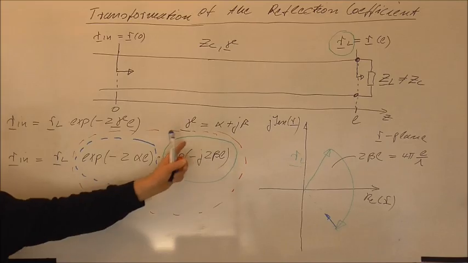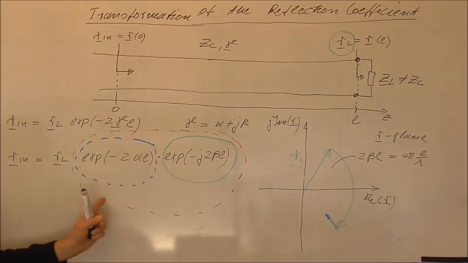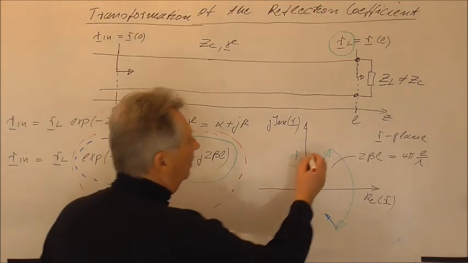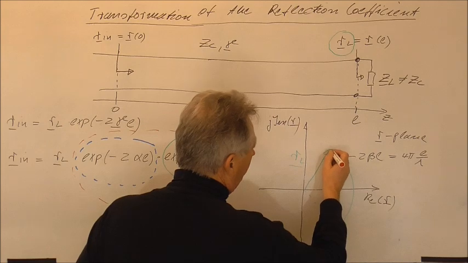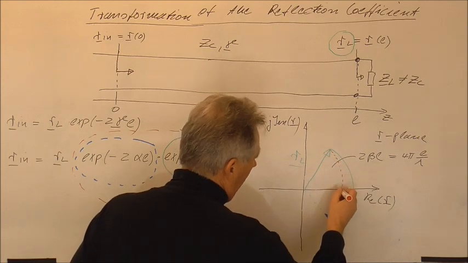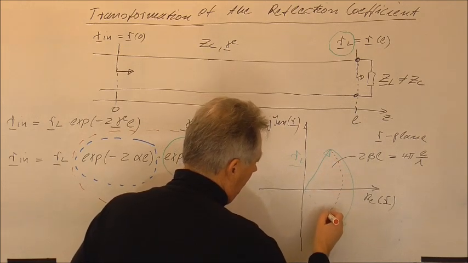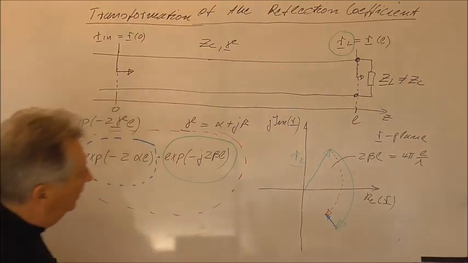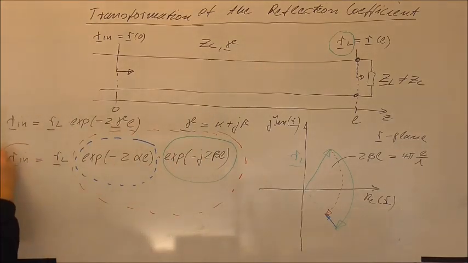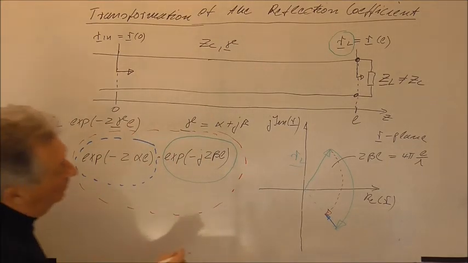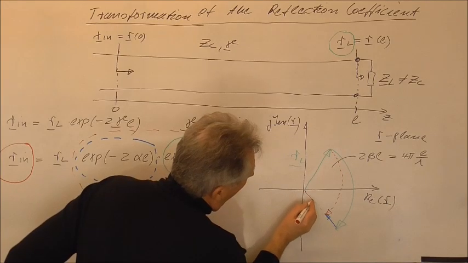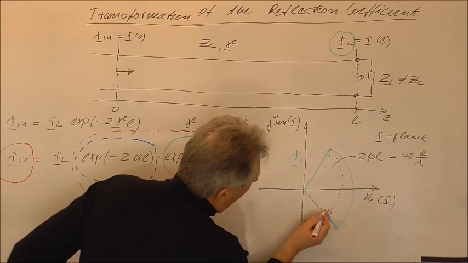This will change the angle and this will change the length, so we will approximately have a transformation along this red line here, and the input reflection coefficient is then given by this arrow.